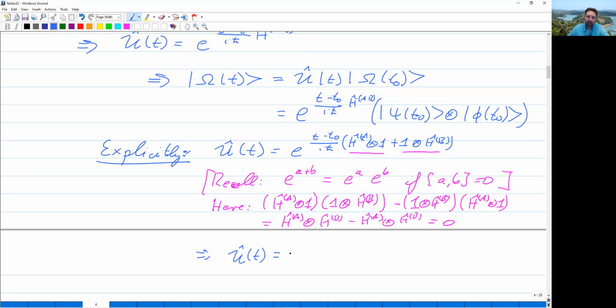So it is e to the power of (t minus t naught) over i h bar, h hat A tensor 1, times e to the power of (t minus t naught) over i h bar, and then 1 tensor h hat B.